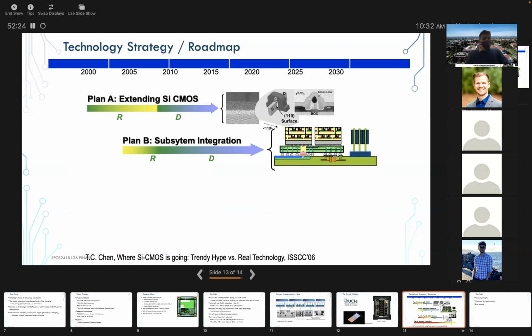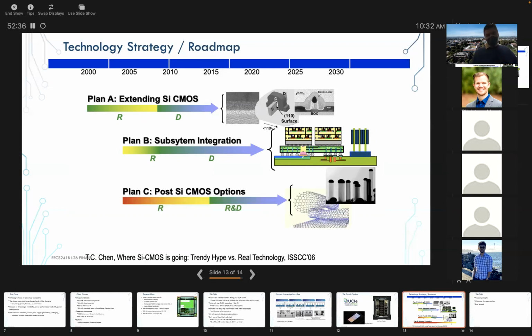Beyond that, we're going to see subsystem integration. He did not see far enough into the future to see portions and stuff like that. Post-CMOS options were the plan C, and although a lot of people are working on that, we don't really have them. There is not much that we can do other than these nanosheet based transistors that are out there.